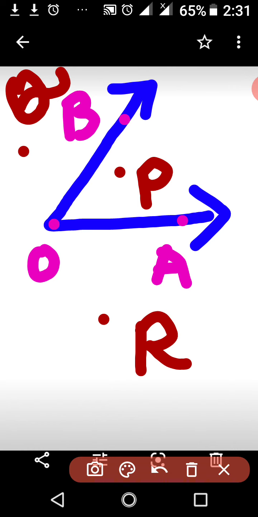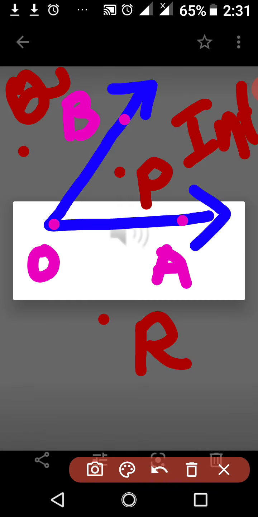If you observe these three points, points which lie within the arms of the angle are the interior of the angle. Means here point P is the interior.